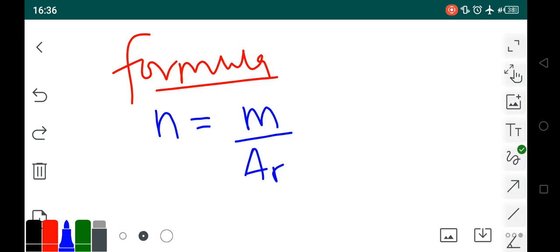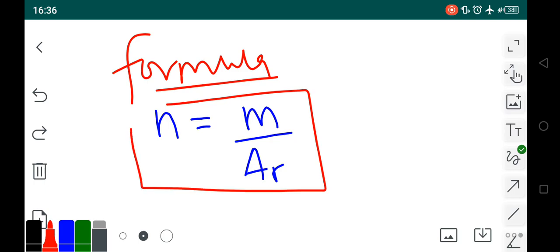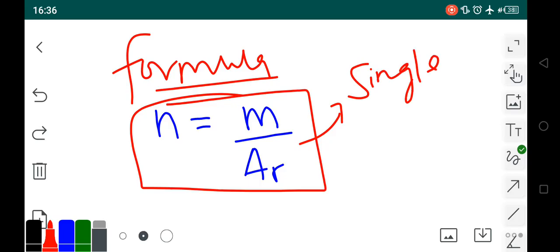We have to understand that this formula works when the substance that you are dealing with is a single element.